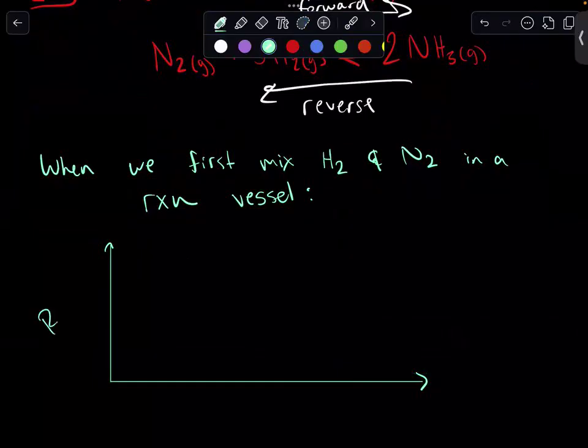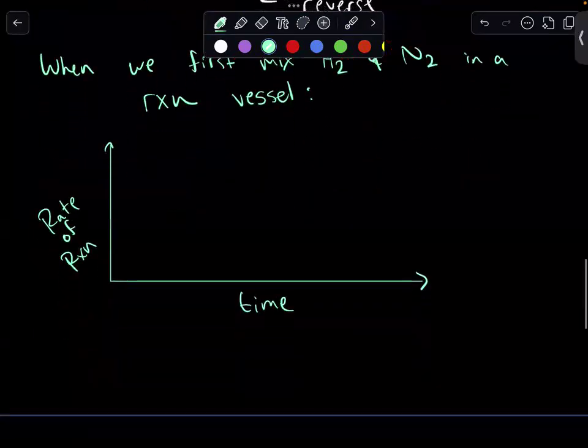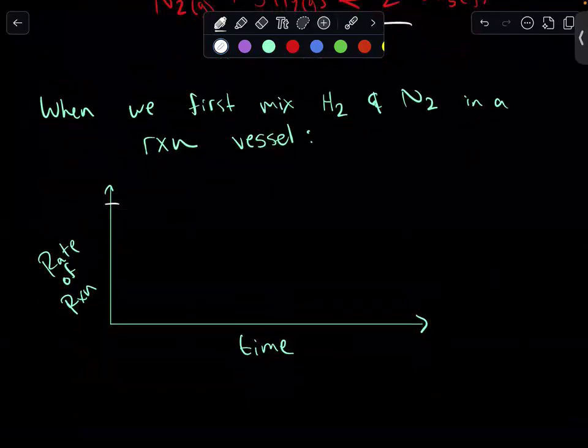So this is our rate of reaction, and this is our time. When we take a look at this graph, we see that our forward reaction actually starts pretty fast. As our reaction starts, it's going to start at a very high rate. And the reason it starts at a high rate is because we have the highest concentration of reactants when we first put them in. As those reactants get used up, our rate will decrease.